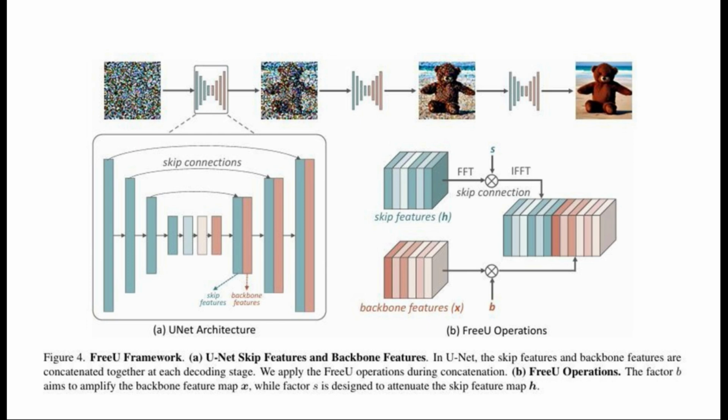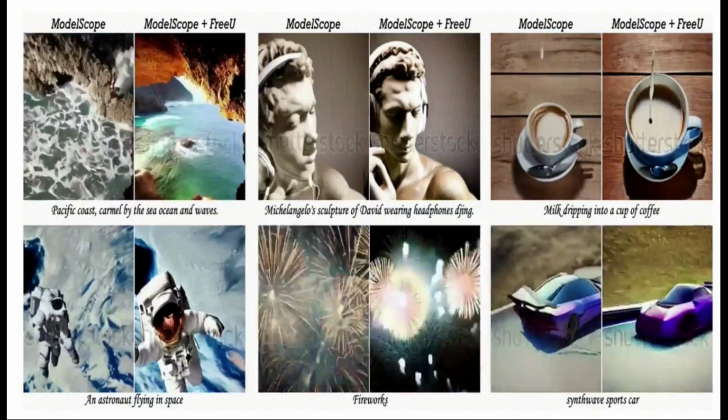And here, yes, this FreeU is a simple yet genius fix. It reweights the contribution of skip connection and backbone feature maps during inference. This minor adjustment led to sharper, more coherent and detailed images with no extra training.